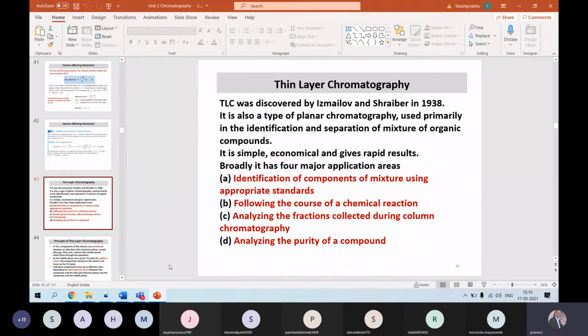To do this, you need to do continuous thin layer chromatographic analysis by taking very small volumes of your solution mixture and then doing TLC on simple plates which are now commercially available, to know how much of the reactant is consumed and to what extent the products have started to form. So it monitors the course of a chemical reaction.